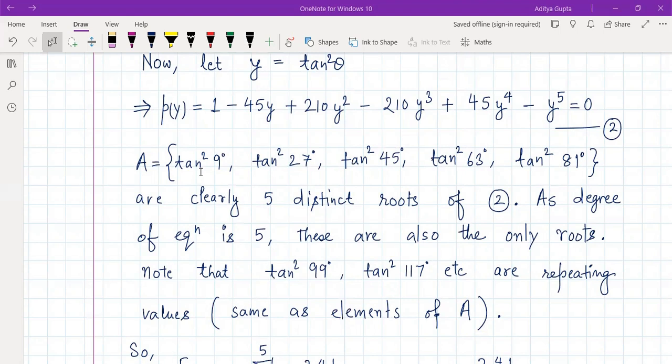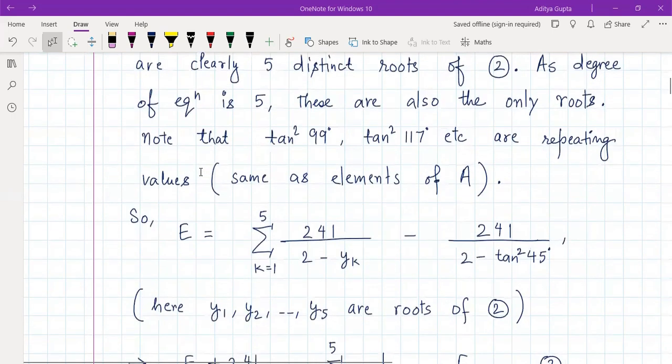And 180 minus 99 is again 81. So tan square 99 degree has the same value as tan square 81. Similarly, tan square 117 degree has the same value as tan square 63. So these values have simply started repeating, right? So that's the reason why A is the exhaustive set of values which are roots of equation number 2. I hope this point is very clear now.